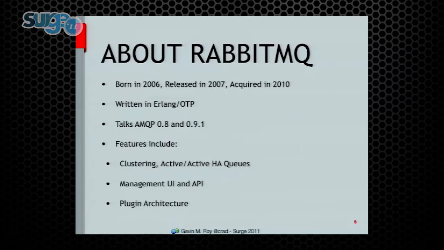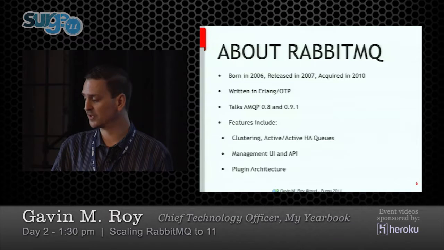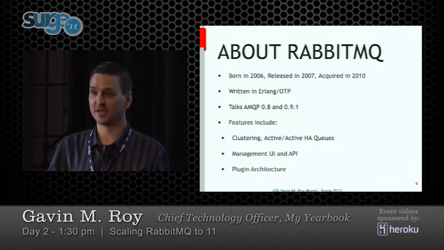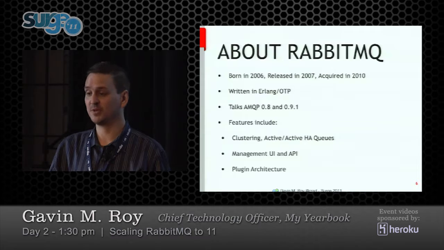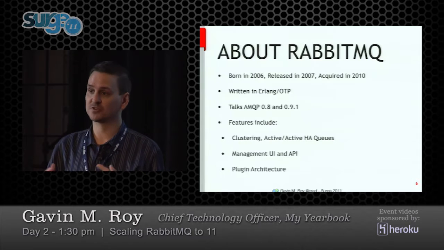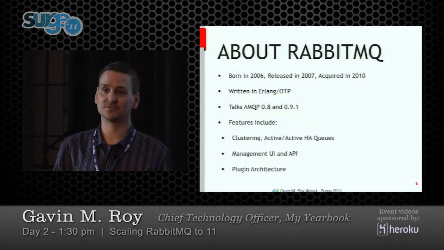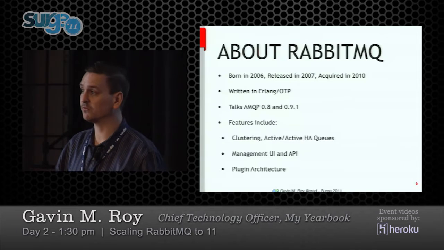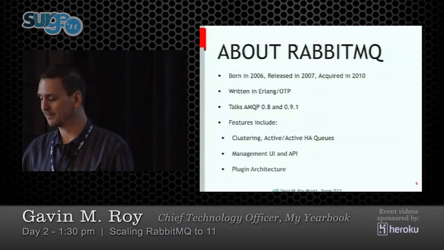So RabbitMQ, born in 2006, it was released in 2007, and Rabbit Technologies was acquired by SpringSource in 2010. It's written in Erlang and OTP. And there are features about Erlang and OTP that lend itself to be very useful for developing a message bus.